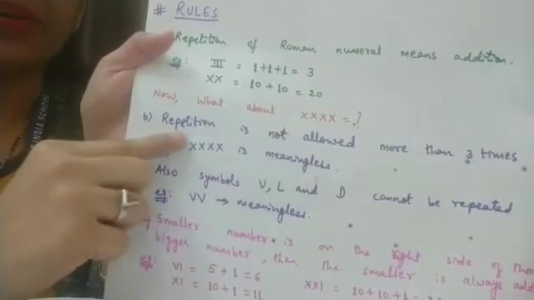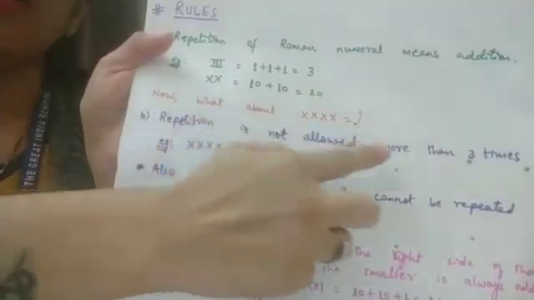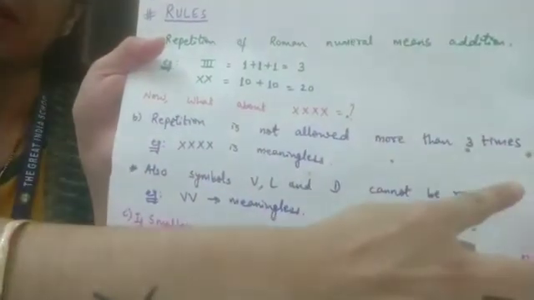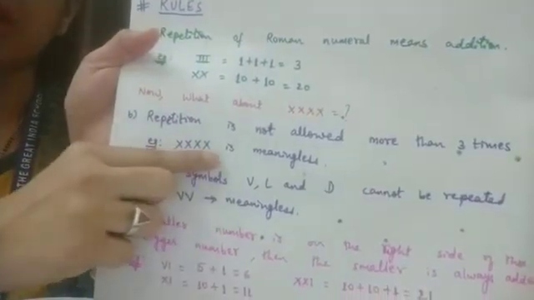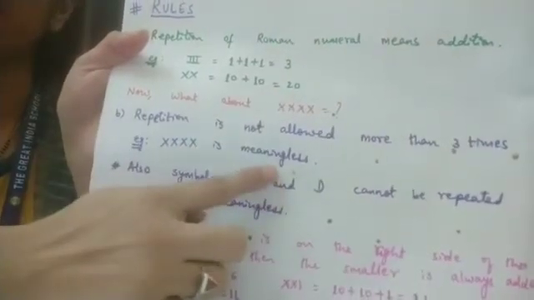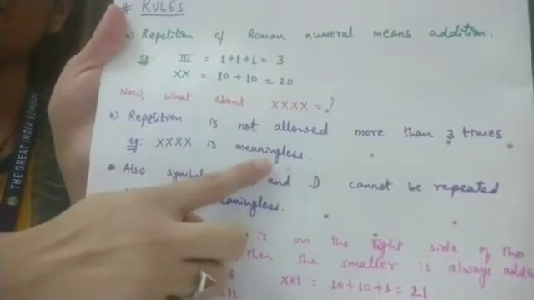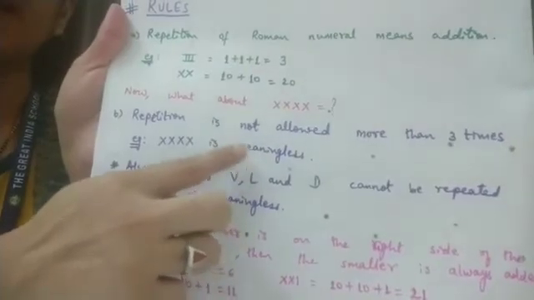That is your second rule: repetition is not allowed more than 3 times. For example, 4 times X is meaningless. We can't use any symbol more than 3 times.